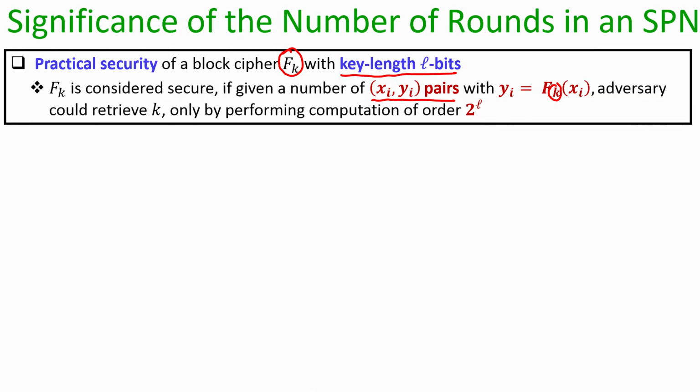If that is the case, then we will say that the resultant block cipher Fk is practically secure.